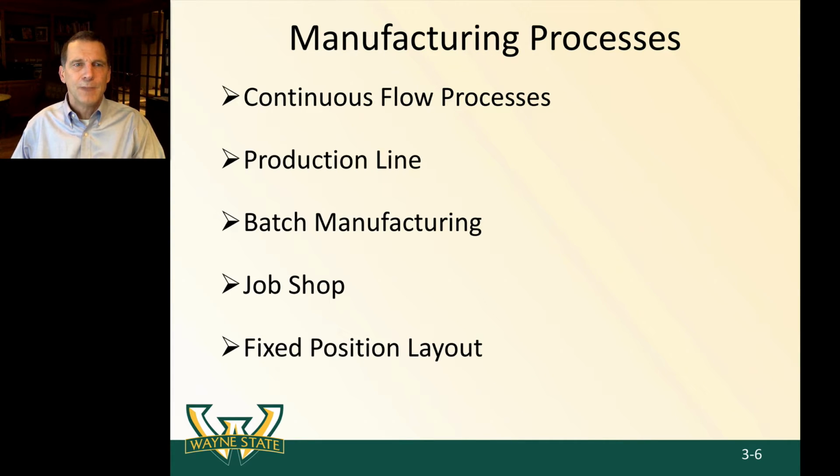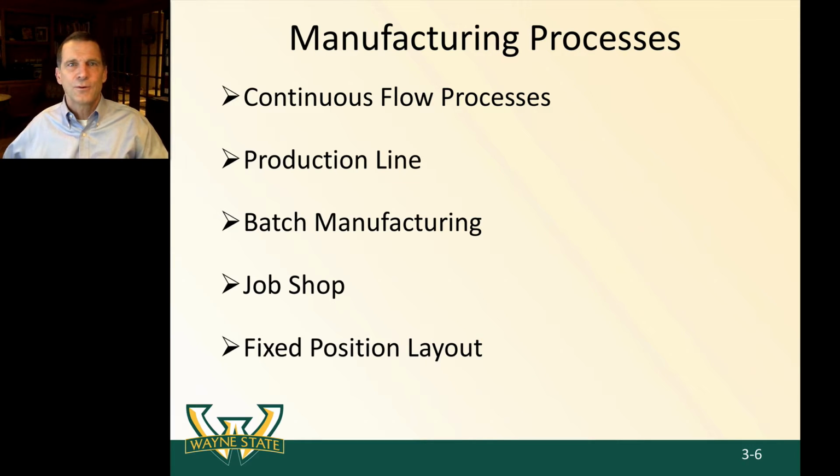The batch manufacturing, which is really a hybrid between job shops and production, where we have a sequence of things that happen, but we do some of those in batches. You could go back to the example I mentioned a minute ago where I said we extrude some aluminum over here and we run batches of different extrusion lengths.